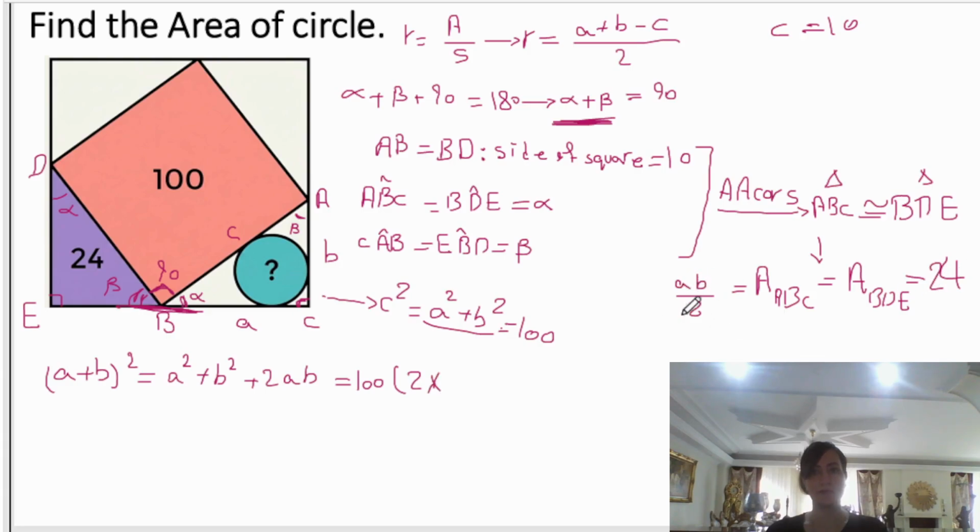If ab divided by 2 gives me 24, so ab equals 48. Twice ab, so I say 100 plus twice ab. Let me write here 100 plus twice ab. What's ab? 48.